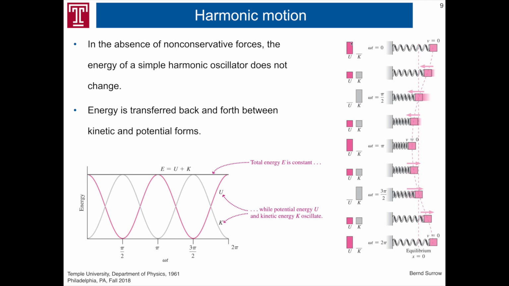Then you let that mass go, then there's an interplay: the velocity increases in magnitude, the potential energy half k x squared decreases until you come to the equilibrium location where the entire mechanical energy is the kinetic energy and no potential energy. And then the whole process repeats itself until the spring is completely compressed, where you then have only potential energy and no kinetic energy, and so on.